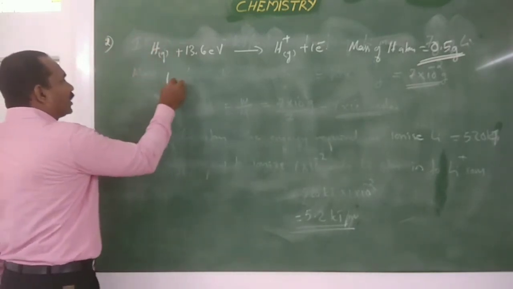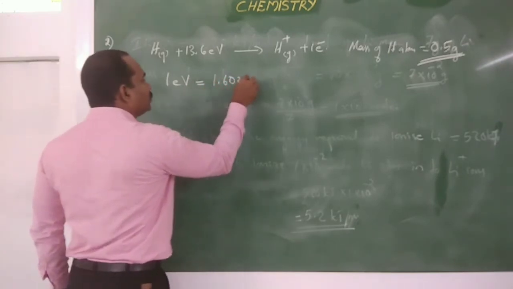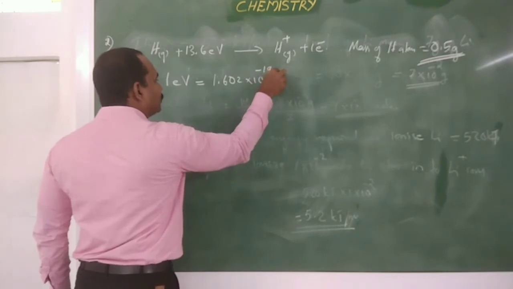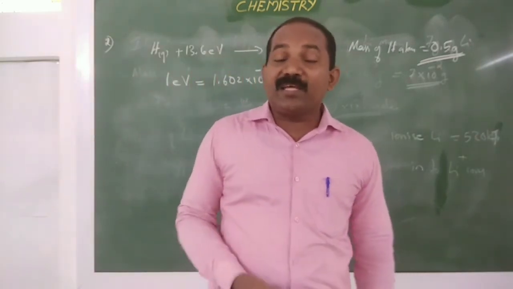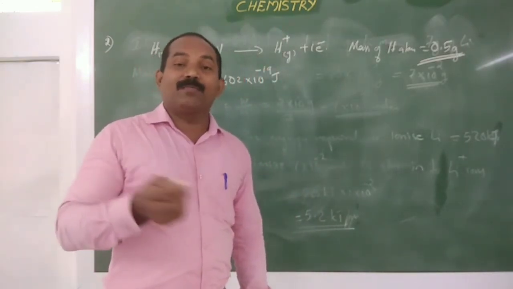As we know, 1 electron volt is equal to 1.602 into 10 raised to minus 19 joule. And we have to express the energy in joule per mole.